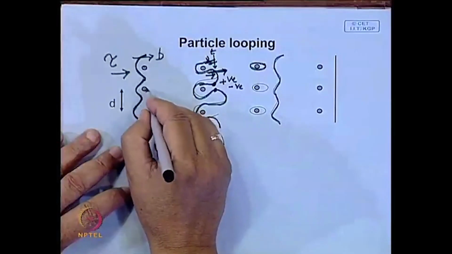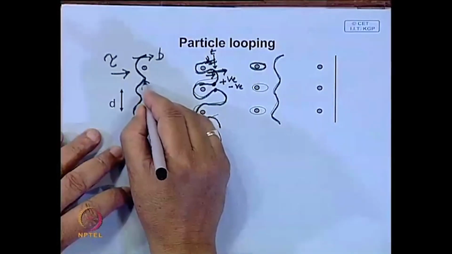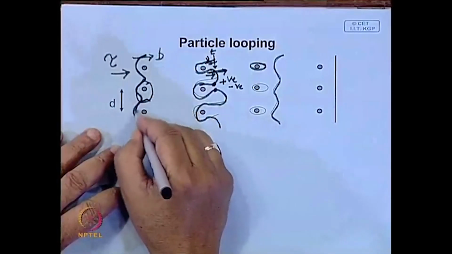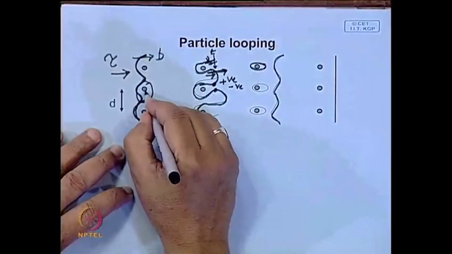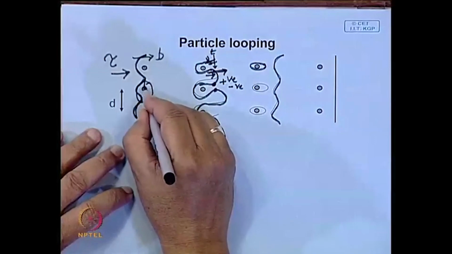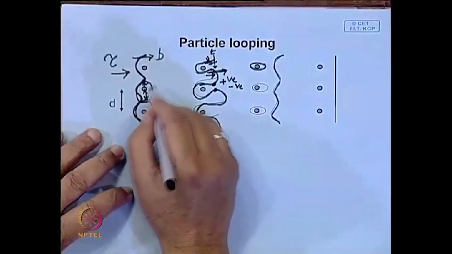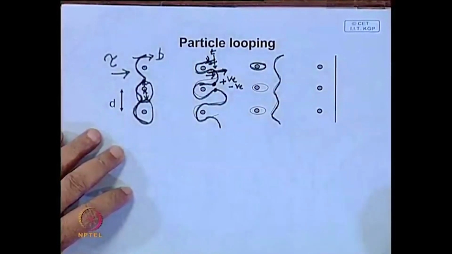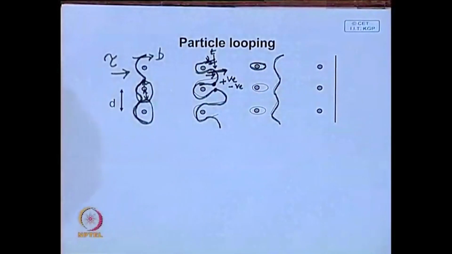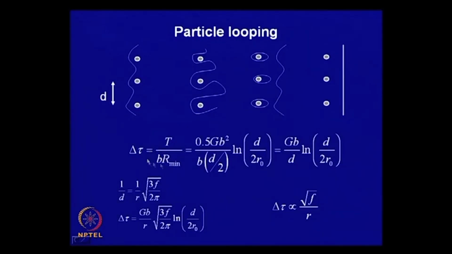We can say that the strain field of the dislocation is half of this, so the strain energy of the dislocation is located within this area. Therefore, you substitute d here, and it is also possible to relate d with the volume fraction and radius of the particle. This is a simple stereological derivation which I leave as an exercise.